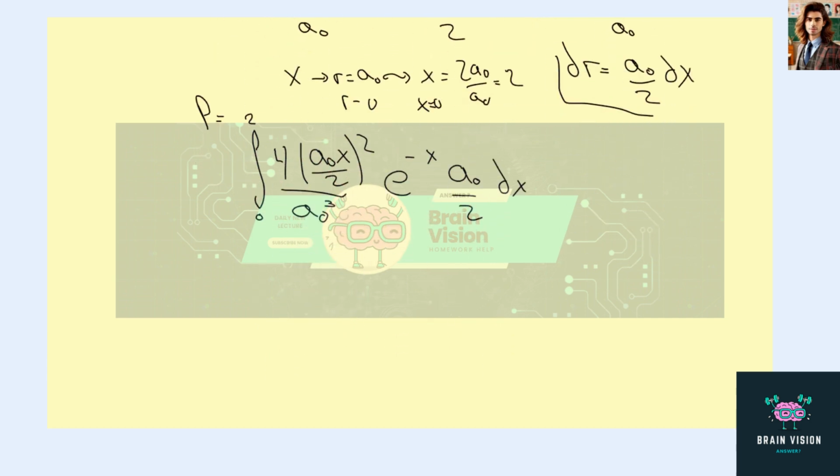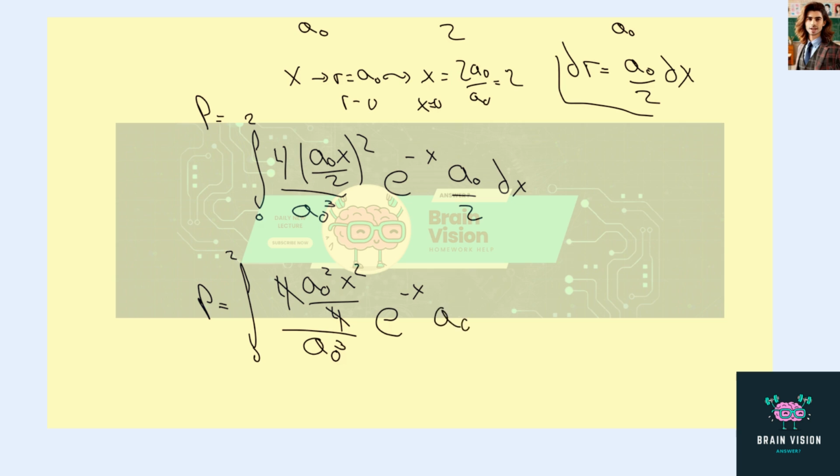Now let's expand this a little and see what we can cancel. This is the integral from 0 to 2 of 4 times a0 squared x squared divided by 4, where the 4 and 4 cancel out, divided by a0 cubed, times the exponential of minus x times a0 over 2 dx.